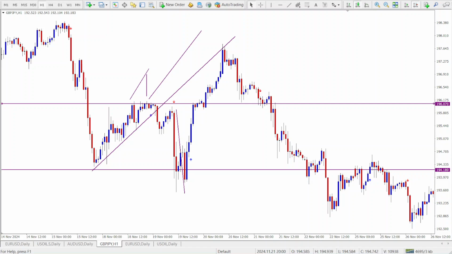Just make sure that you always get confirmations. Actually, you can also decide to use other indicators for confirmations. It doesn't necessarily mean that it's only price action, chart patterns and candlestick patterns that you use for confirmations. It's just that they are very important to use because indicators follow price action. Indicators predict what price action is going to do in the nearest future, right?